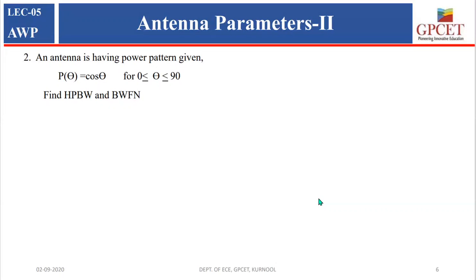If a field pattern is given, we must equate the given pattern to 1/√2 times the maximum value. Since a power pattern is given, it is half of the maximum value.